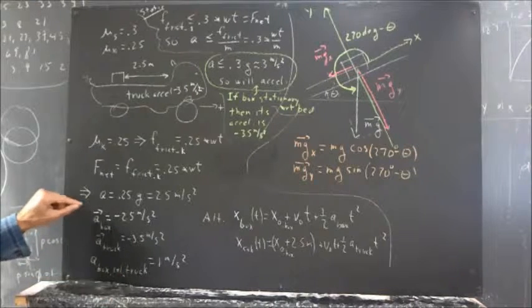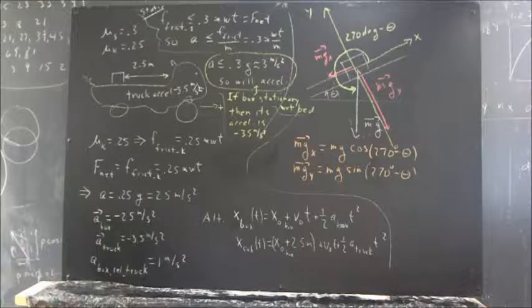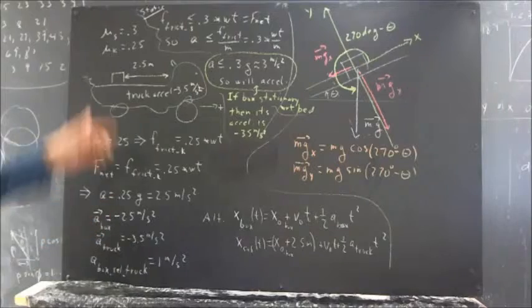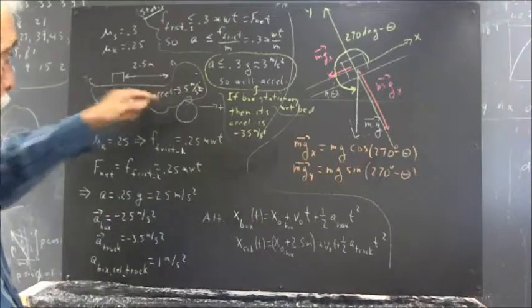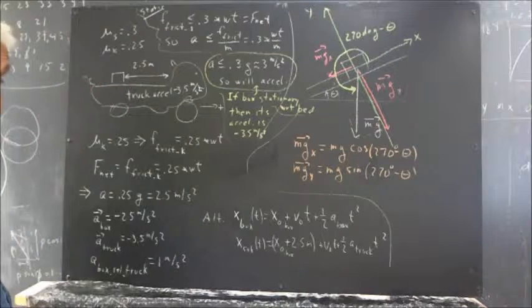If I put an arrow over it, I have to specify direction, and the direction, of course, would be negative, because the frictional force is going to tend to oppose motion, and the motion is going to be in this direction if the box moves. So the frictional force has to be back this way.